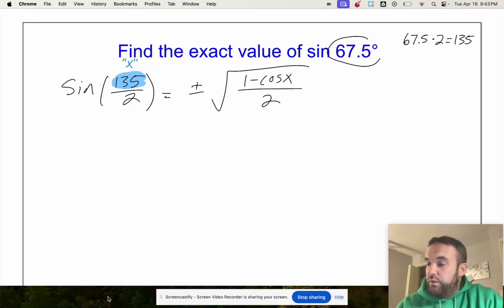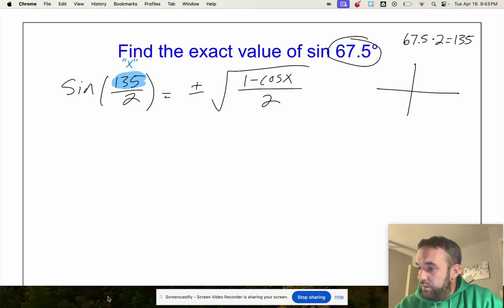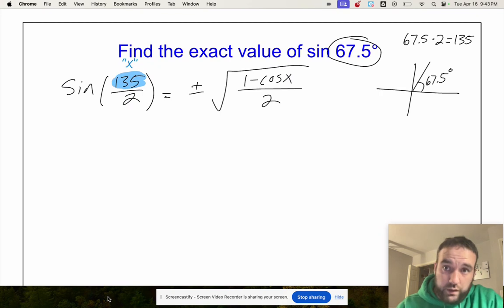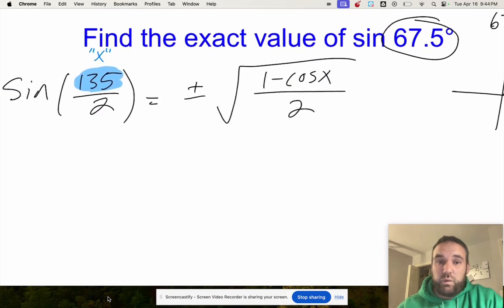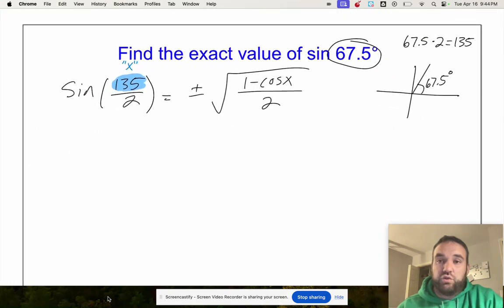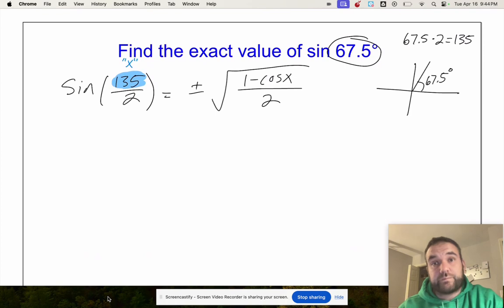But if you think about the location of 67.5 degrees, it is in quadrant 1, somewhere up there. Because it is in quadrant 1, we know the sign must be positive, which means I can get rid of the plus or minus, and I will just use the positive version.